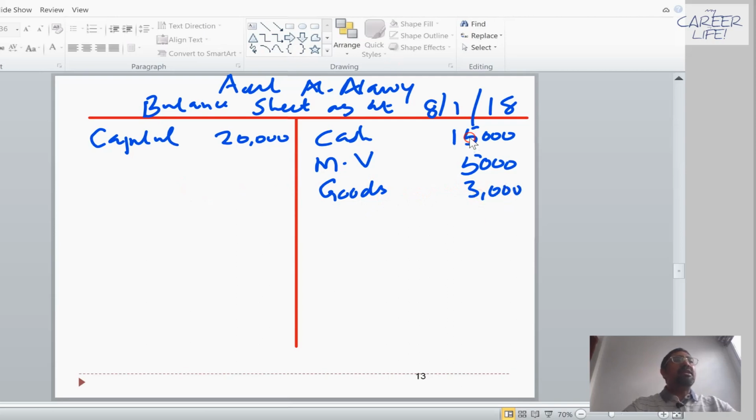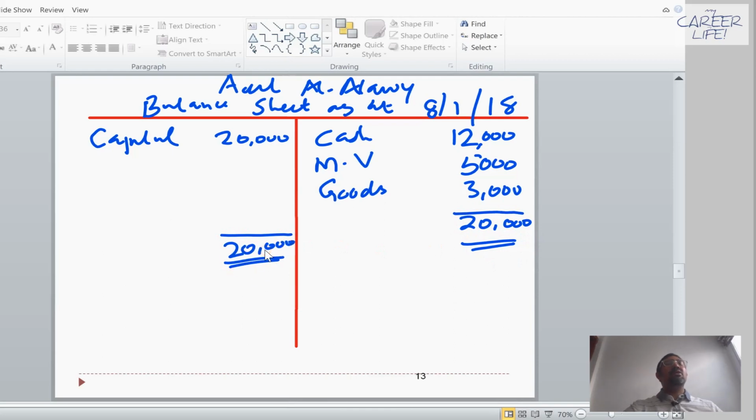It was 15,000, but we're spending another 3,000 to buy goods for resale. So our cash will now be 12,000. If you add all this, you're going to balance with 20,000 again, and on this side it will be 20,000 again. So this is how you're supposed to balance the equations.